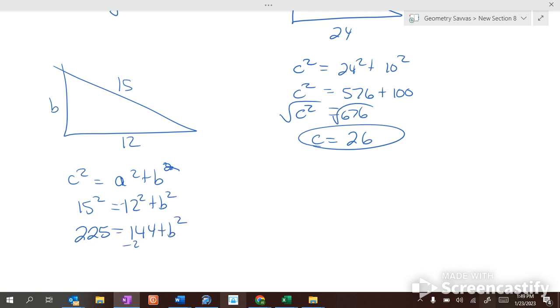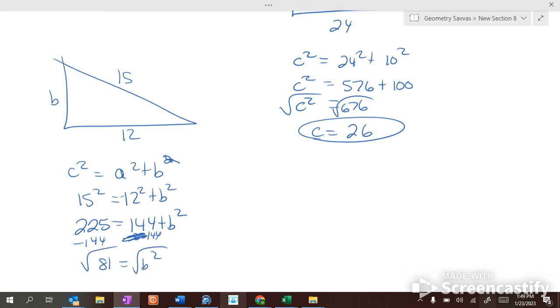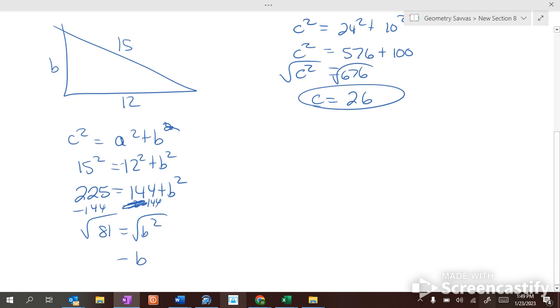Subtract. 81, right? Yeah. Take the square root. B is 9. Easy peasy lemon squeezy, right?